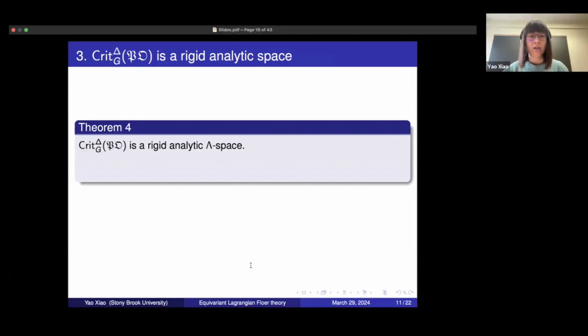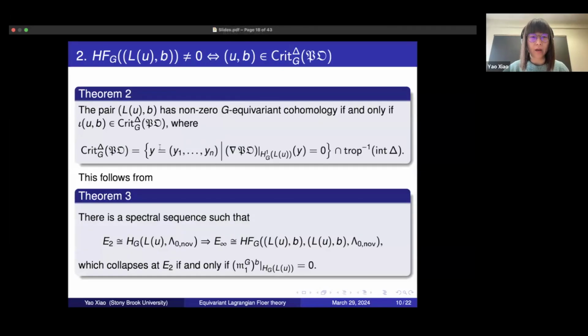Next I show that this set of Lagrangians with bounding cochain data that have non-zero equivariant Floer cohomology, the set I mentioned in theorem 2, is a rigid analytic space.